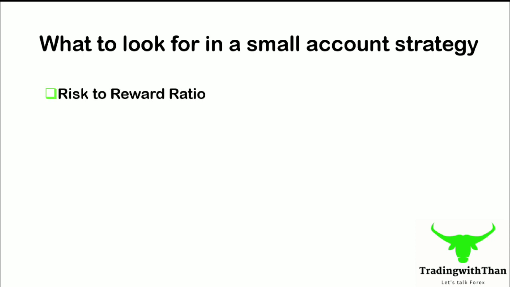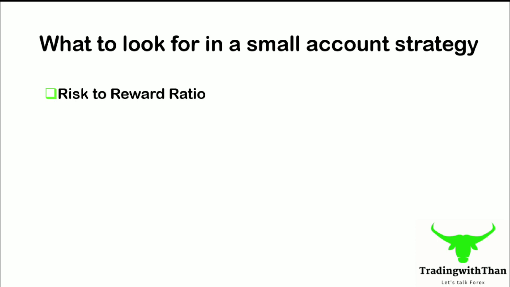So first thing that you need to look for is the risk to reward ratio. So a small account, as I said in that video, you must watch it if you didn't watch it. I said when you're trading a small account, you have a few chances of making money and you have big chances of losing it, because you only have maybe 5 or 4 chances to grow that small account, right?